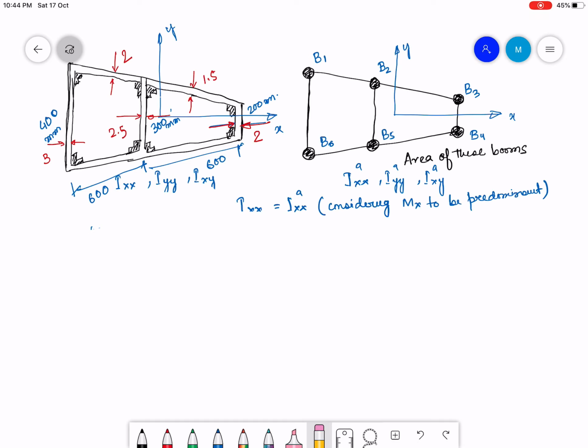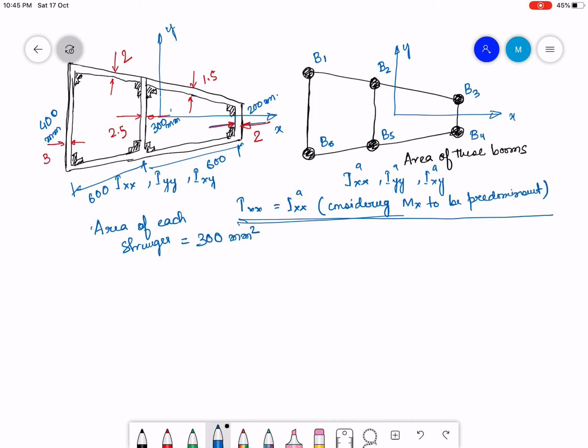Okay. So now, what is the area of each of the stringers? Area of each stringer is equal to 300 millimeters square. Okay, and this condition holds. We know that Mx is predominant, and therefore I have to equate Ixx to Ixx a.